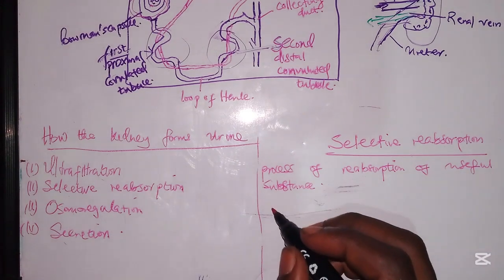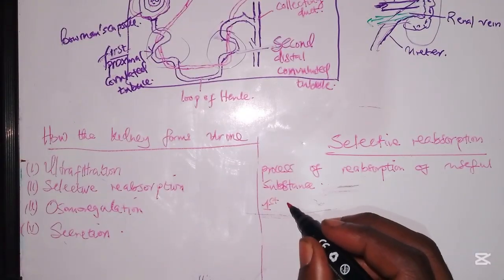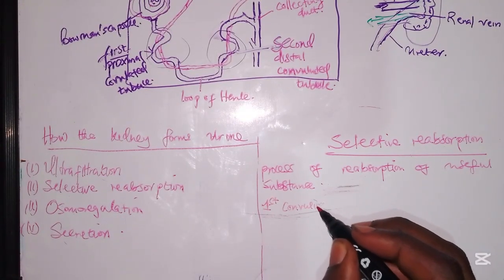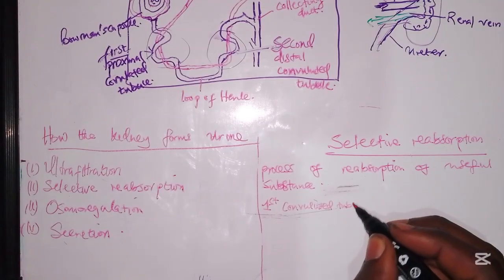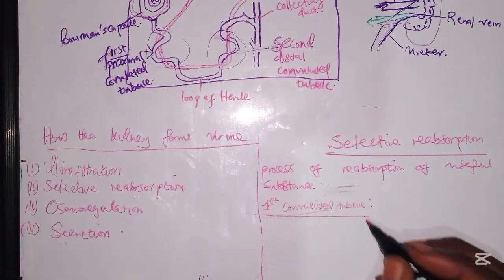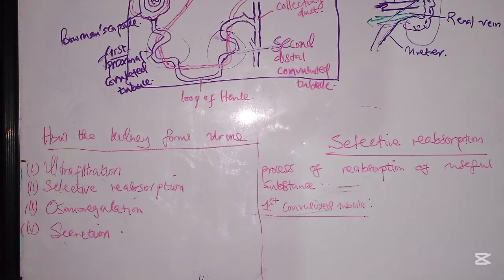So at the first convoluted tubule, we have all the glucose which was filtered is reabsorbed back into the bloodstream, because glucose is very important for our body. We know that glucose, that's where respiration comes from. So glucose is important. That's why all the glucose is reabsorbed at the first convoluted tube.